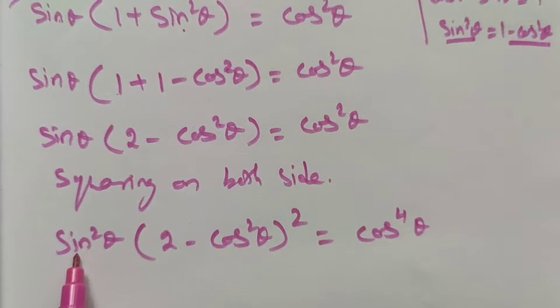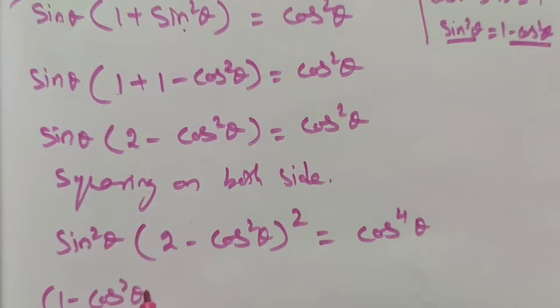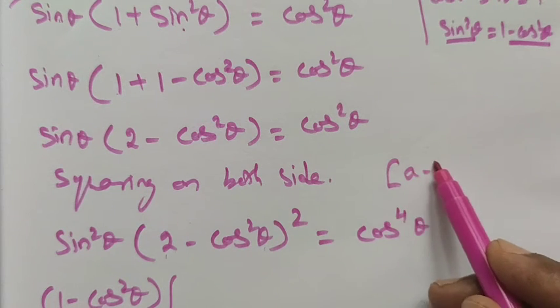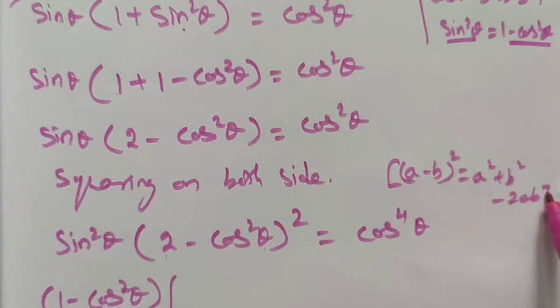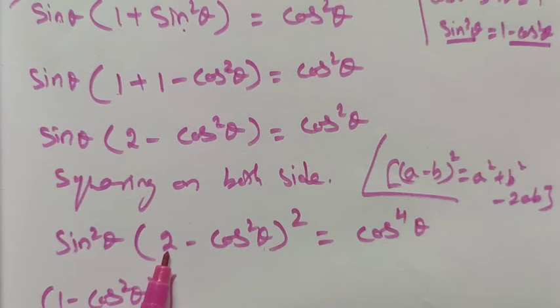Next, again sin square theta is nothing but 1 minus cos square theta. So 1 minus cos square theta into (2 minus cos square theta) whole square. It is in the form of (a minus b) whole square, which means a square plus b square minus 2ab. Now applying this formula here, a is 2 and b is cos square theta.